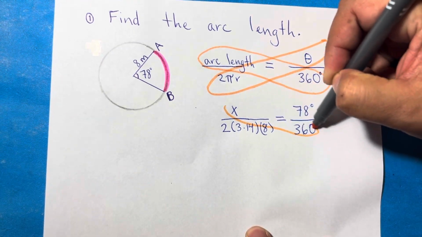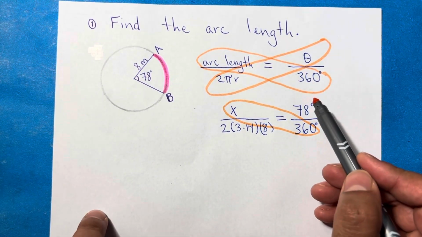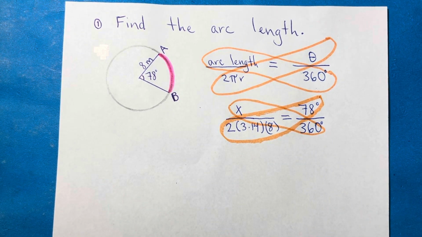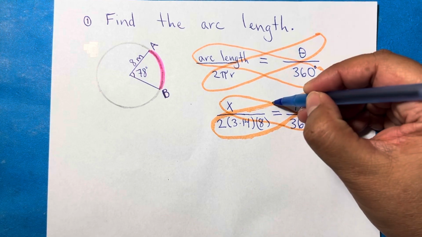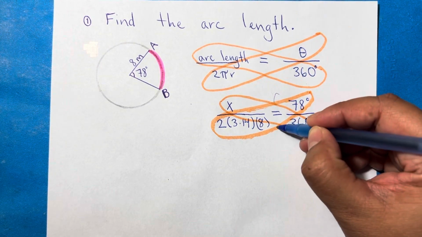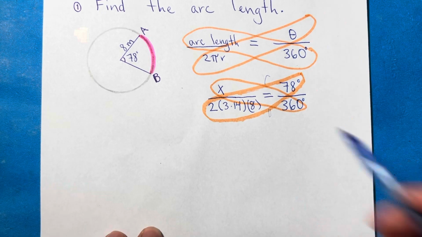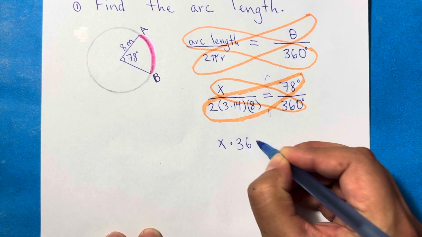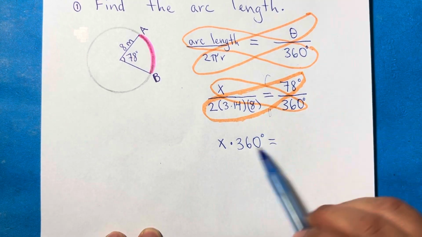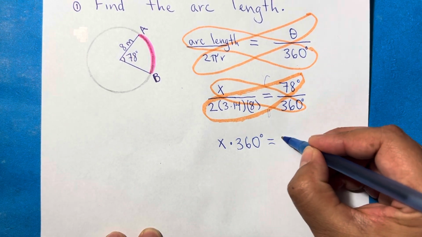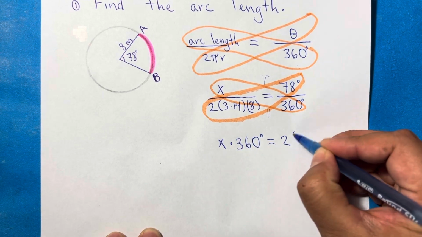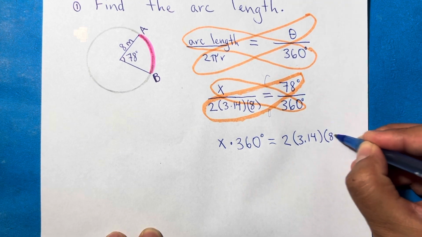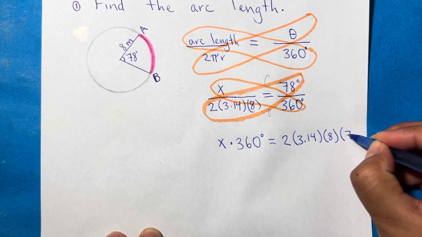Draw your butterfly. Okay, so that's one wing. You multiply that equal to this other wing, for the butterfly and the little tail. Okay, so x times 360 equals the other wing, which is 2 times 3.14 times 8 times 78 degrees.